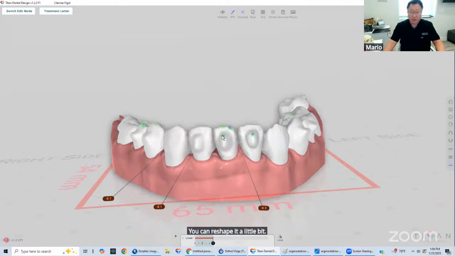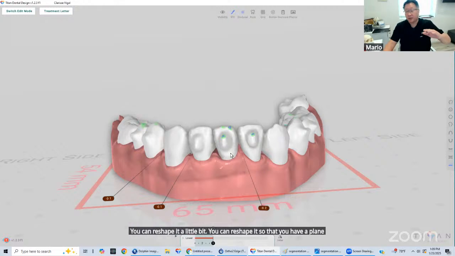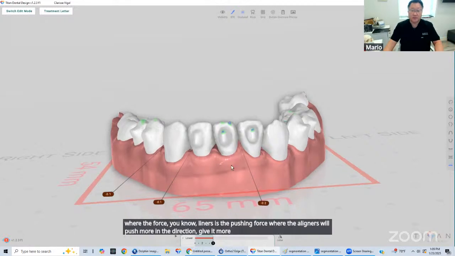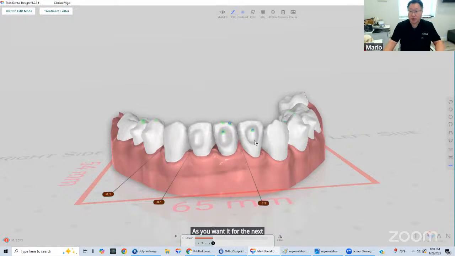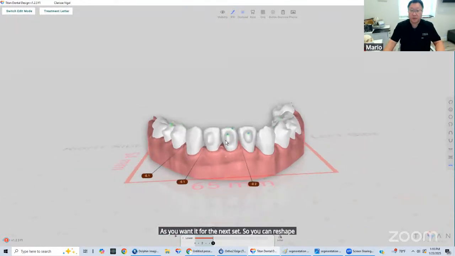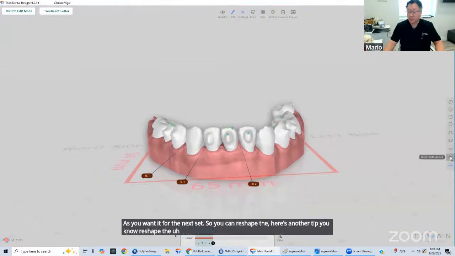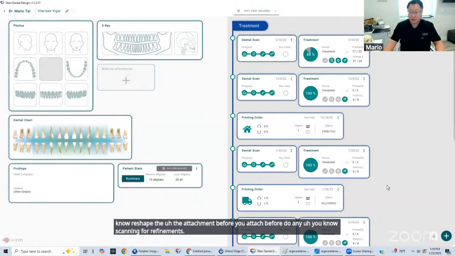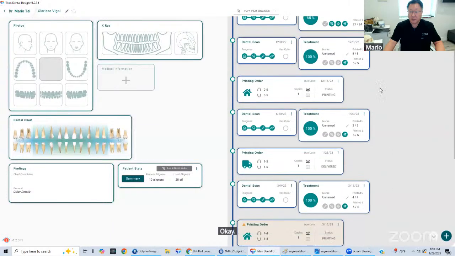You can reshape it so that you have a plane where the aligner's pushing force will push more in the direction you want for the next set, giving it more directional effectiveness. So here's another tip: reshape the attachment before you do any scanning for refinements.